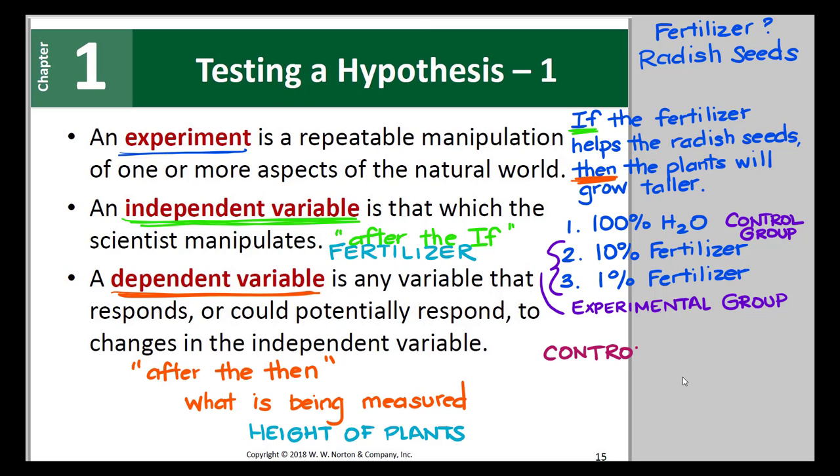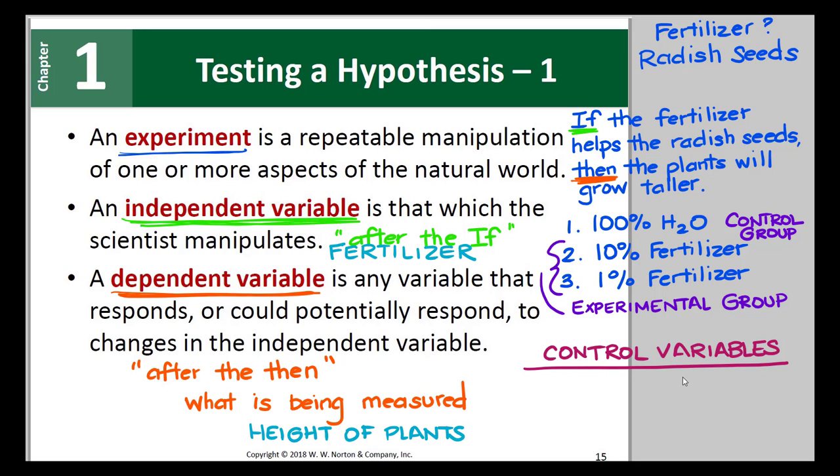Now, control variables are very different from a control group. If you remember, a control group is one that is going to be grown in standard conditions, like growing a plant in water or growing a plant in soil but watered with plain water.